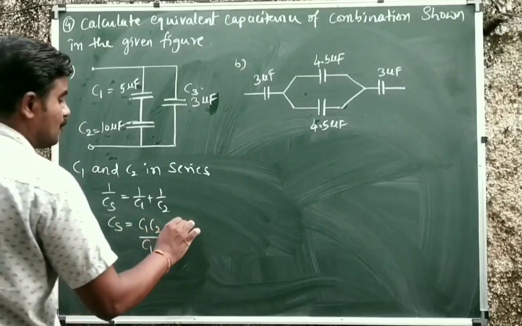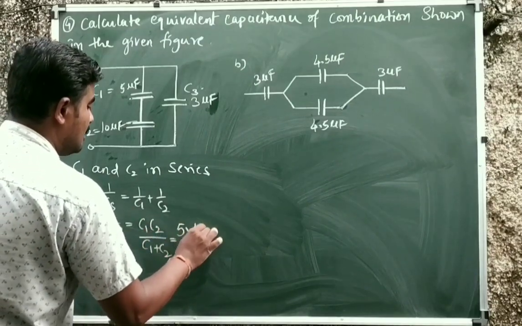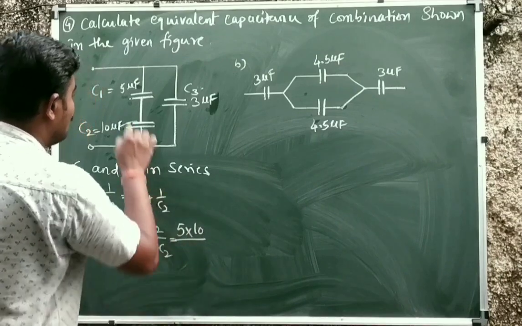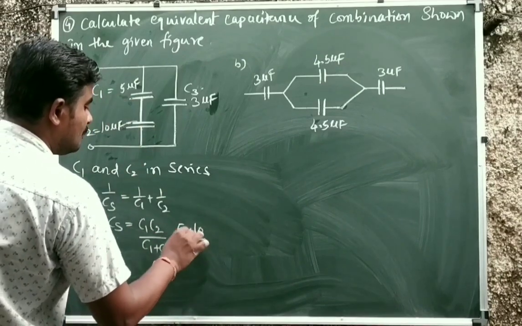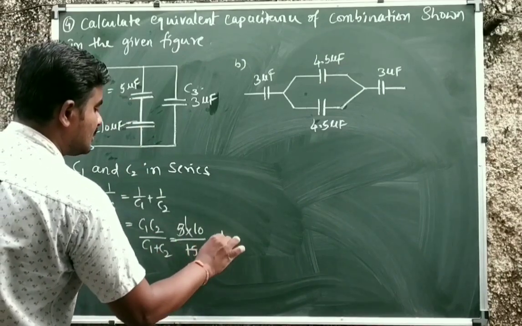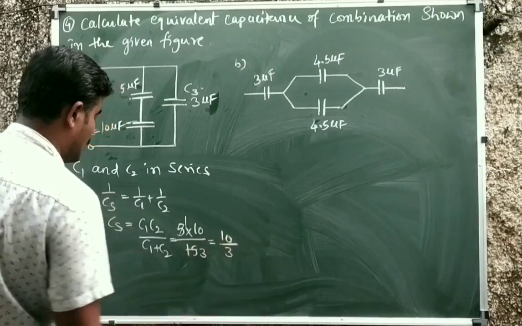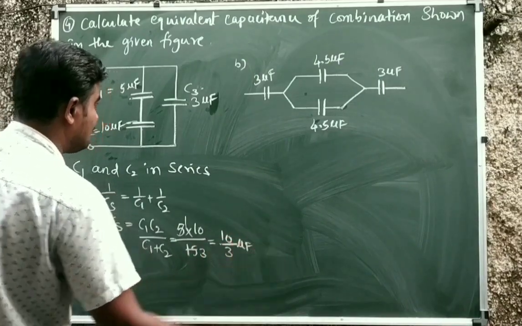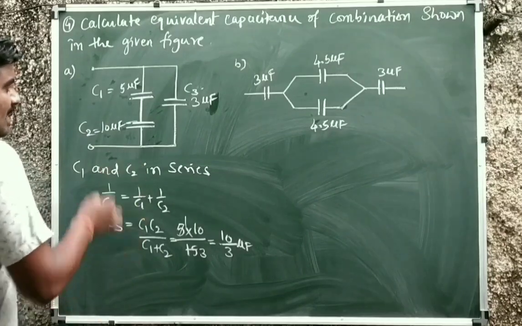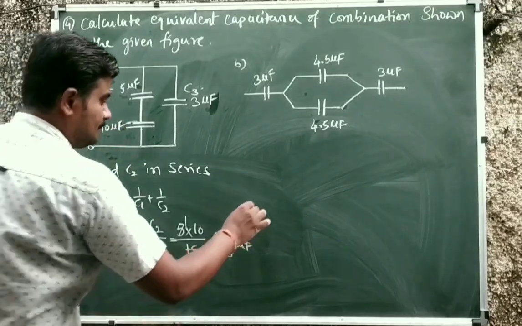C1 is 5, and C2 is 10, divided by C1 plus C2, 5 plus 10, 15. So 5 1s are 5, 5 3s are 15, it is 10 divided by 3 microfarad. Okay, so see here, I will redraw this circuit here.